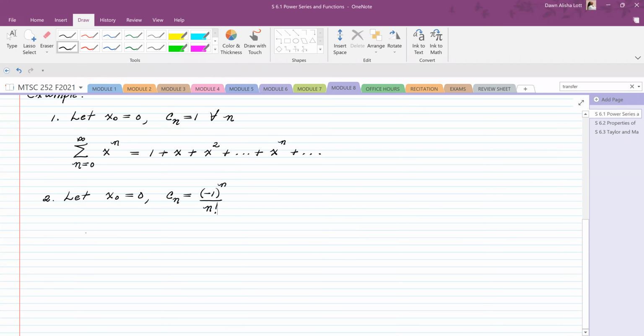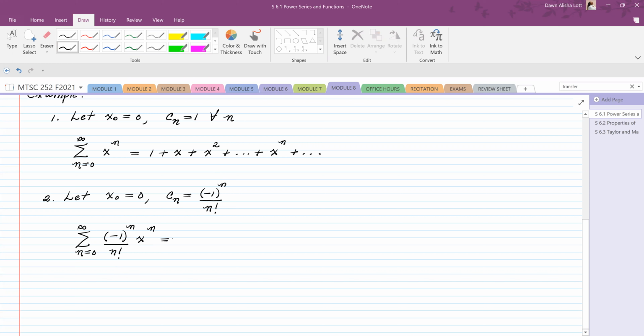So that's going to give me the sum, n equals 0 to infinity, of (minus 1) to the n over n factorial, x to the n.